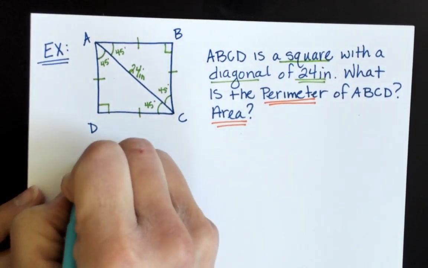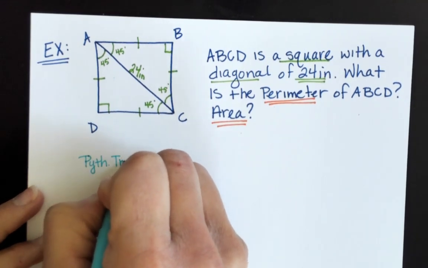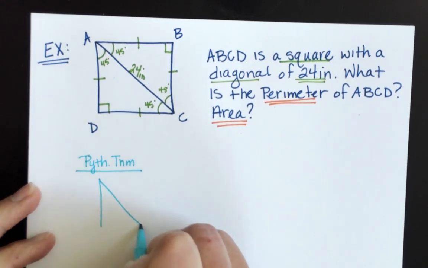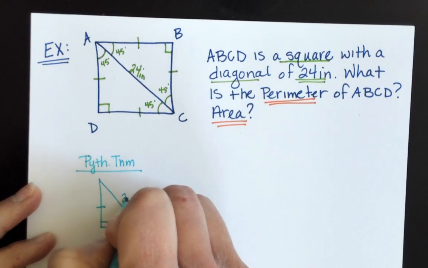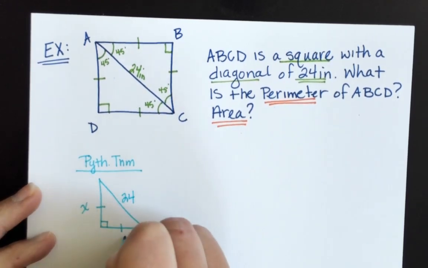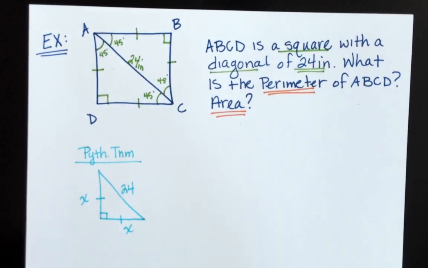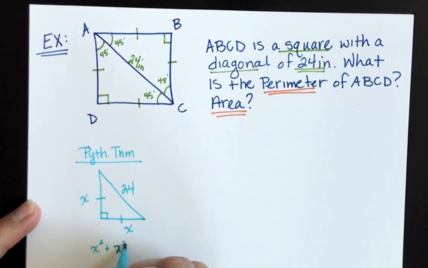So you could go about this with our Pythagorean theorem. Again, with our x, and then our 24. So we have x squared plus x squared equals 24 squared.